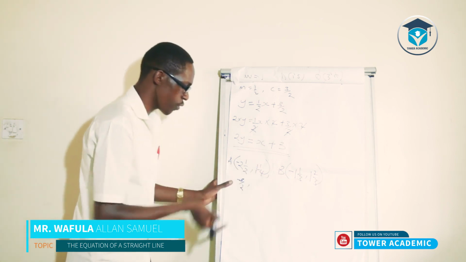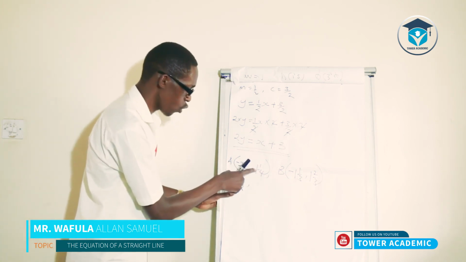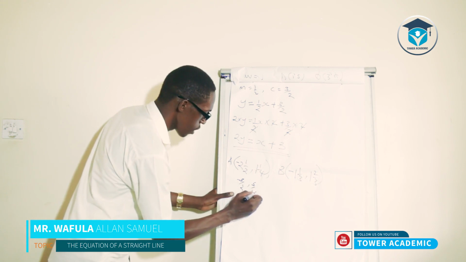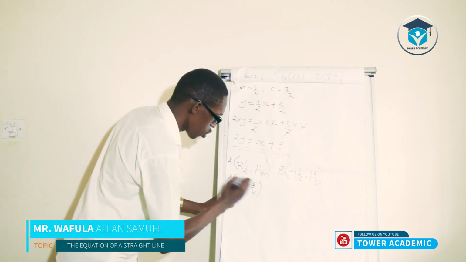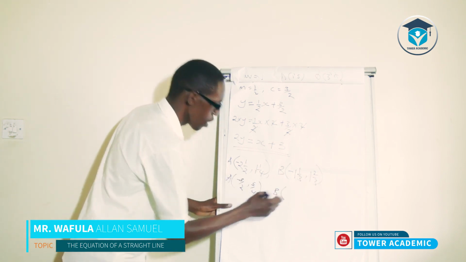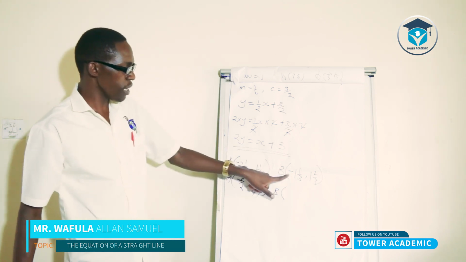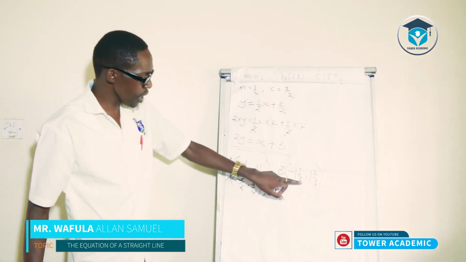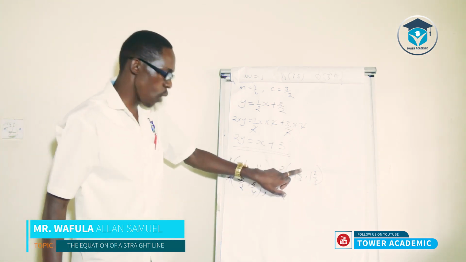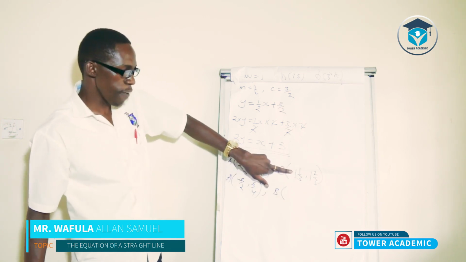Then for this, it is obvious, it is just 4 times 1, which is a 4, plus 1, which is 5 over 4. Then here, for B, the same that we have done here, it is 3 times 1, then plus 1, ignoring the negative at first.